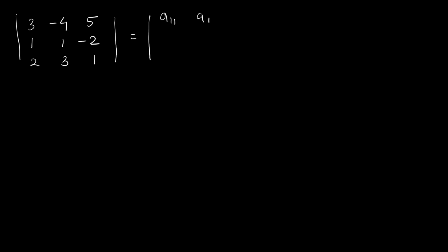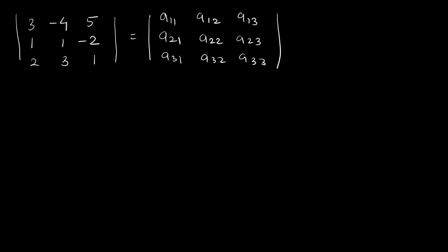Let's take one more example: 3, minus 4, 5; 1, 1, minus 2; 2, 3, 1. Again, you compare this determinant with the general determinant a11, a12, a13, a21, a22, a23, a31, a32, a33.